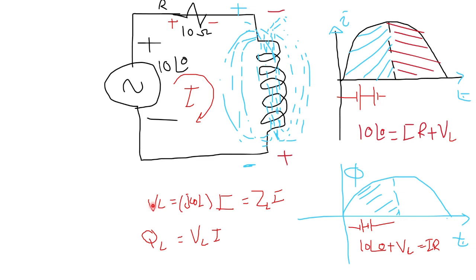The voltage drop across the coil, in terms of the impedance, is defined as j omega L I, this is in the frequency domain, equals ZL multiplied by I. ZL is the impedance of the coil.